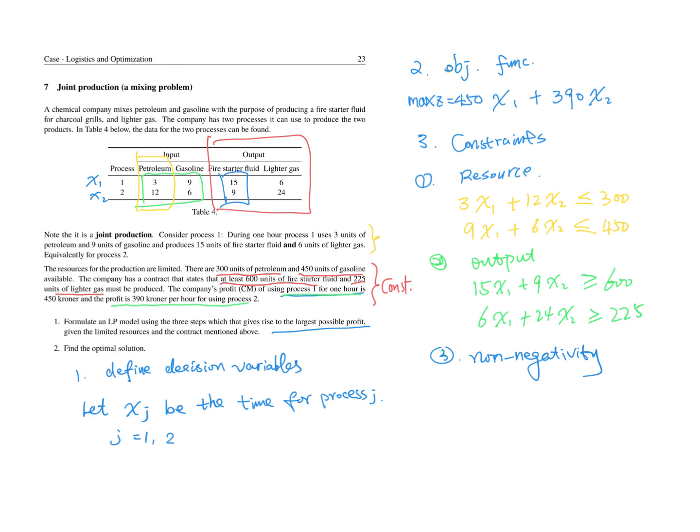In this example, I think the challenge will be how you define the decision variables. Once you understand this problem is an equipment allocation or resource allocation problem, you have a manufacturing process, then you have to decide how many hours you allocate to your machine or equipment so that you can get the required output.